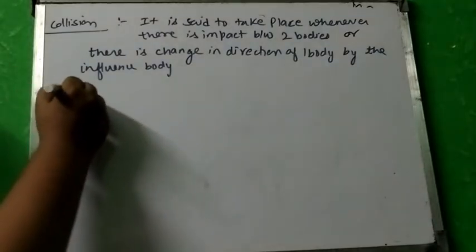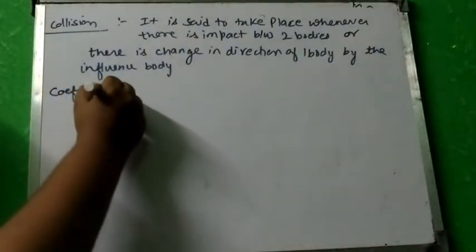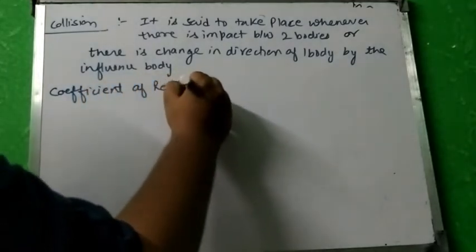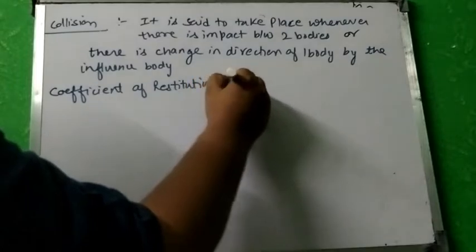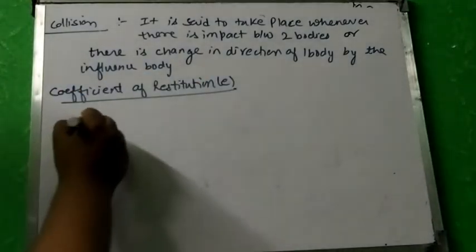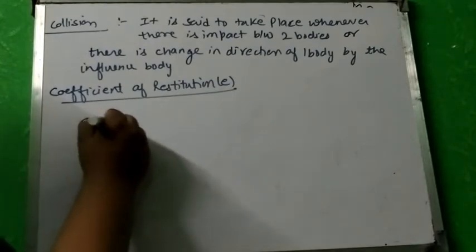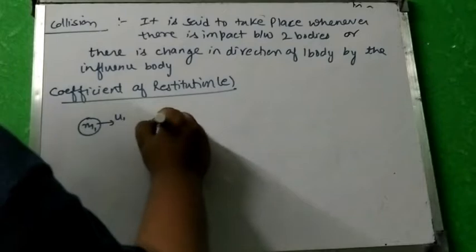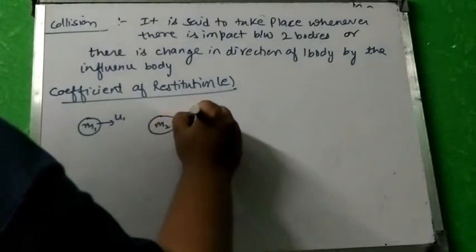there is one more term, coefficient of restitution. Its symbol is E. Let us suppose there is a body of mass m1 having velocity u1, another body of mass m2 having velocity u2.